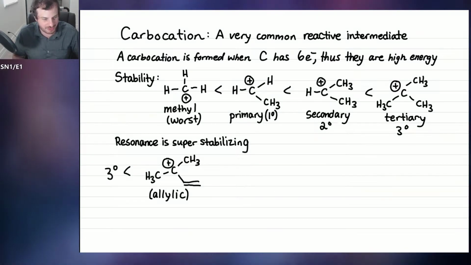So allylic means garlicky, but really what it means is carbocation next to a pi bond. Remember, not part of the pi bond, but next to it. And it's stabilizing because there's a resonance structure that can occur to help, what's the word I'm looking for?